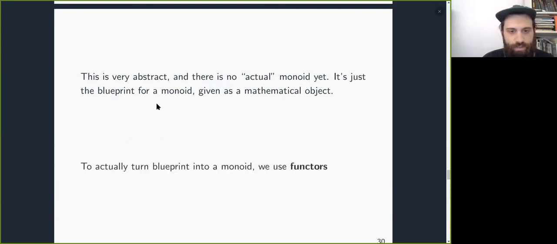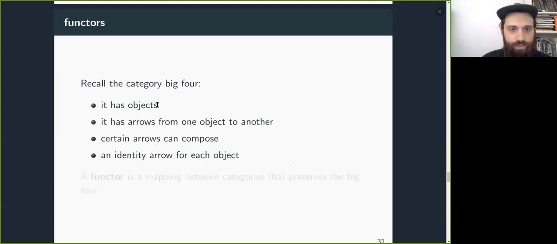But it's no good having a definition of something unless you can actually get instances of those things. And so to get instances of actual monoids, we use functors. I didn't really talk too much about functors, but a functor is a thing that goes from a category to another category.